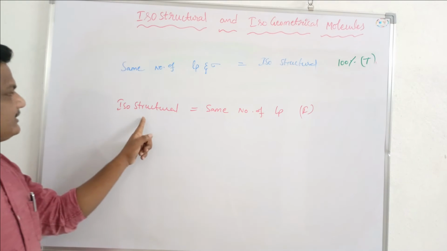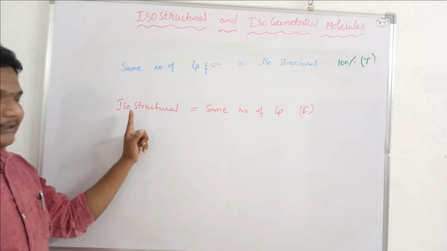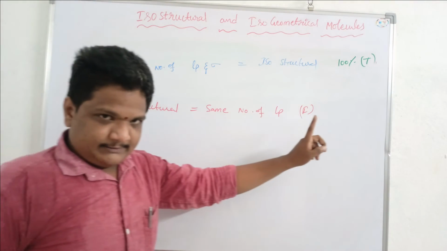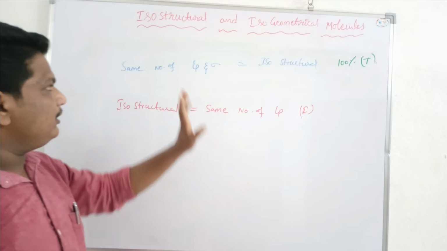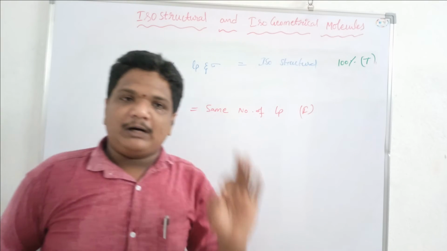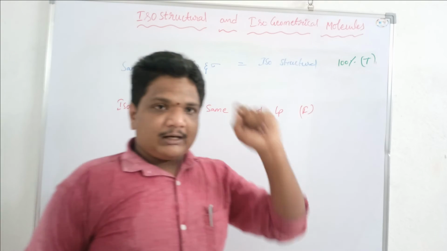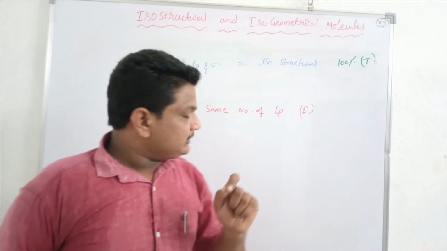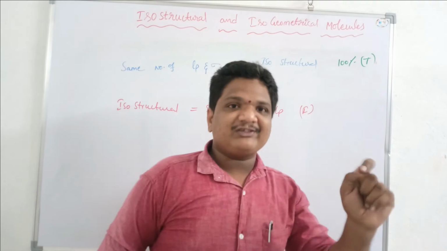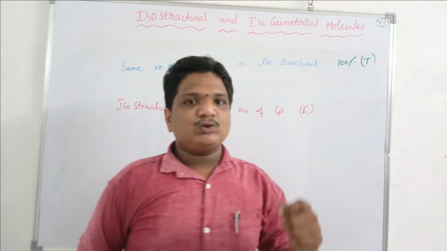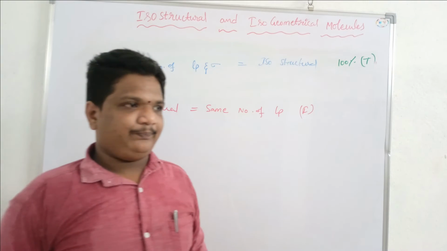In the case of isostructural species, they need not contain the same number of lone pairs; they should contain only the same number of sigma bonds. Even though they are not having the same number of lone pairs, they can produce the same number of sigma bonds. So that's why they can act as isostructural species.